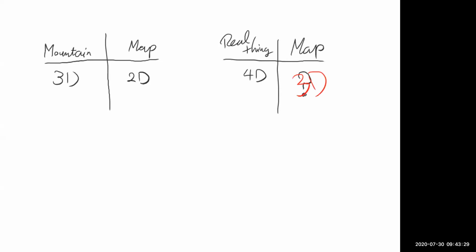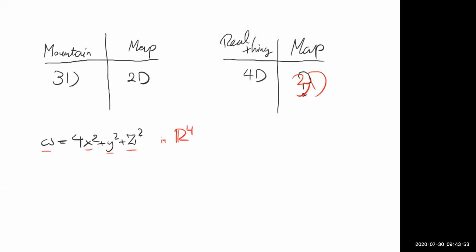But here, if I define W to be f of x, y, and z, which is 4x squared plus y squared plus z squared, here we have four variables, right? 1, 2, 3, 4. So the graph of this function would be something in R4.